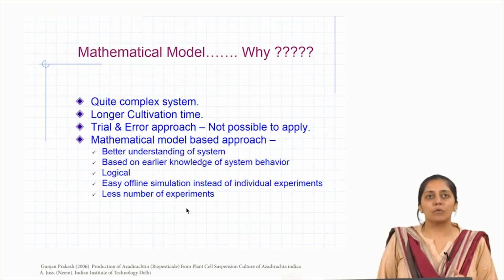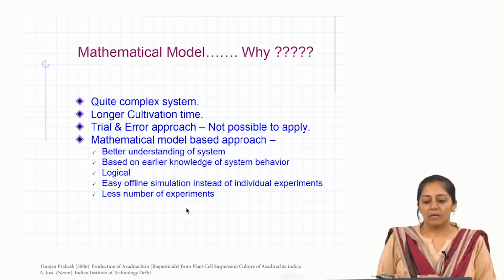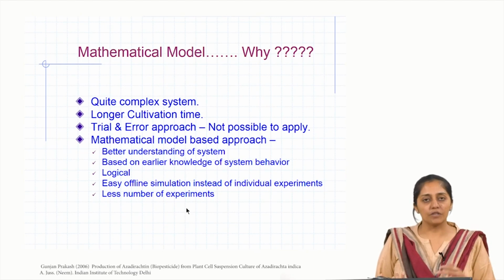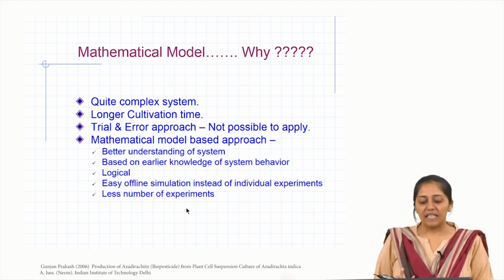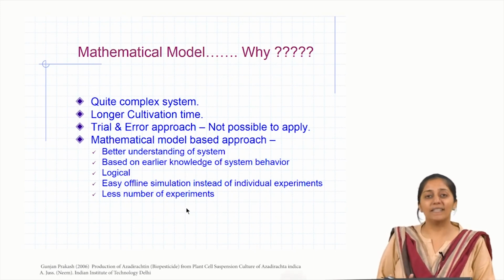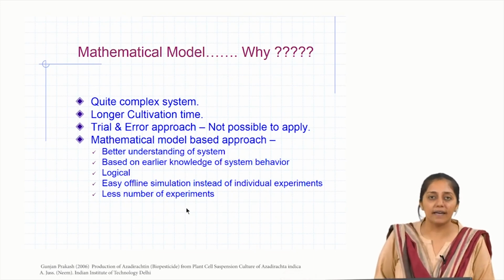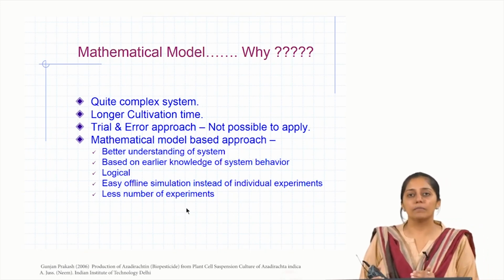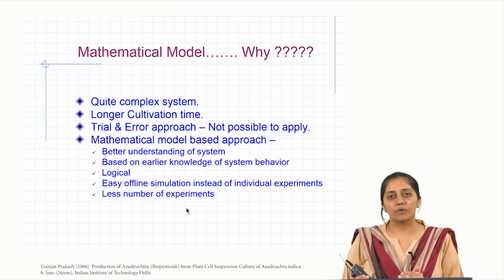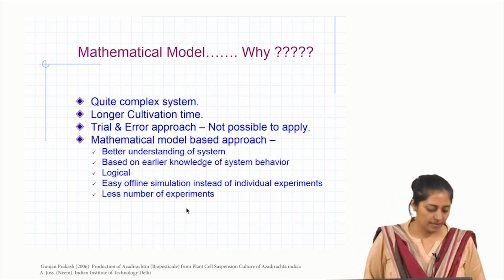Hence, a mathematical model approach can give you a better understanding of the system. It is based on earlier knowledge of the system behavior, so it is more logical. Easy offline simulation can be done instead of hit and trial experiments, and thereby the number of experiments one would need to reach the optimum or enhanced productivities would be less.